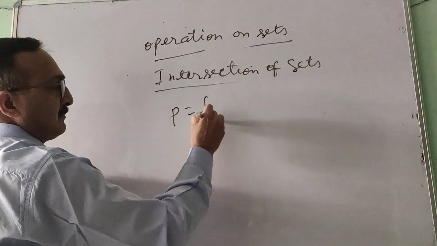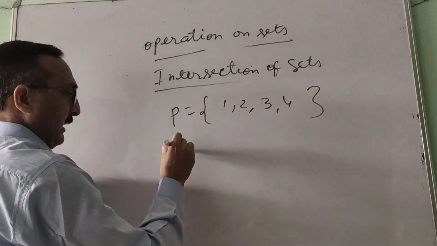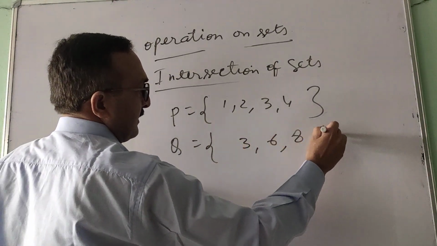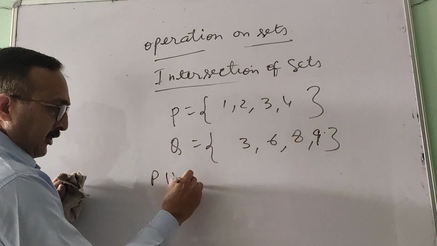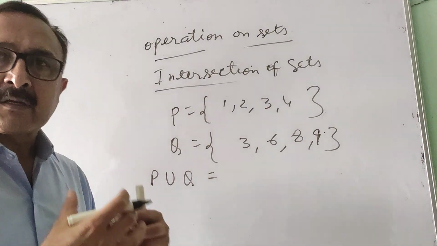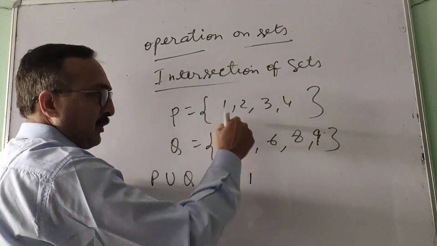P: 1, 2, 3, 4 and Q: 3, 6, 8, 9, and we have to write P union Q. What is P union Q? It means combine them. Very simple. You write 1, no common element.